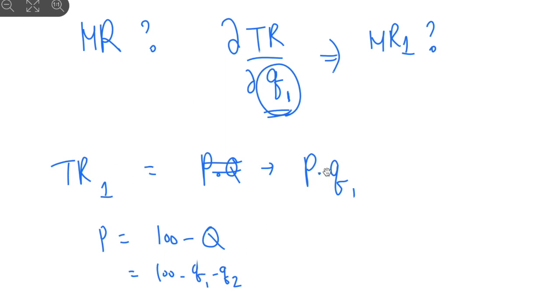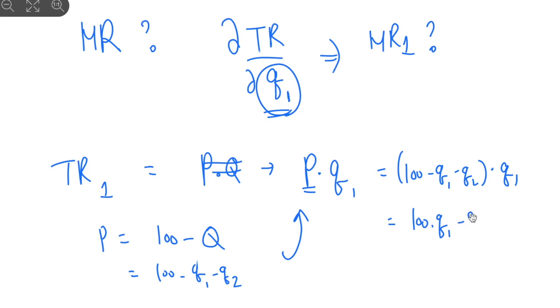So we're going to substitute P with 100 minus Q1 minus Q2 and get 100 minus Q1 minus Q2 times Q1 as the total revenue for Firm 1. So what we have is 100 times Q1 minus Q1 to the power of 2 minus Q2 times Q1.